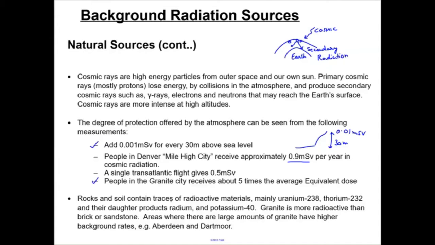Rocks and soils contain traces of radioactive material, mainly uranium and thorium. These are the minerals, or radioactive materials, present in rocks and soils. And then you can refine them and use them as nuclear fuel for producing electricity in nuclear power plants.